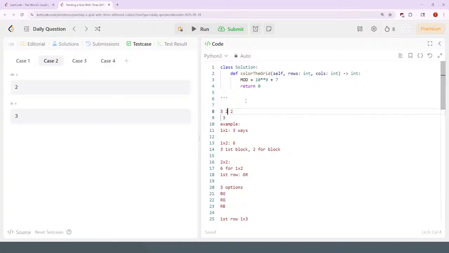So this becomes like a 3 here. And then if you extend that out, each time you extend it out, that's going to be another 3. Okay.